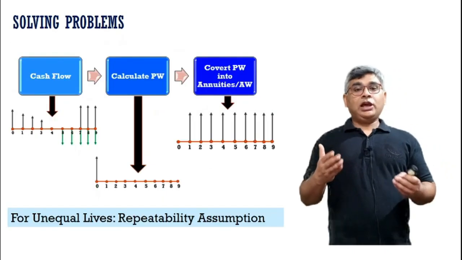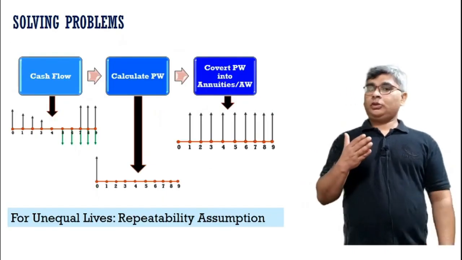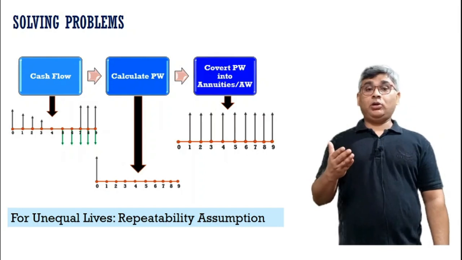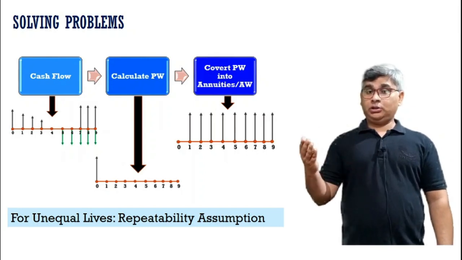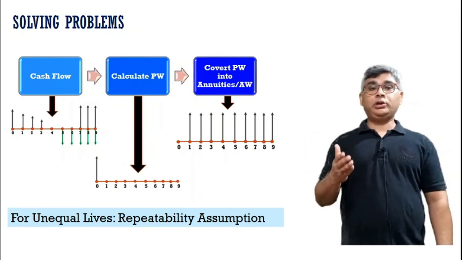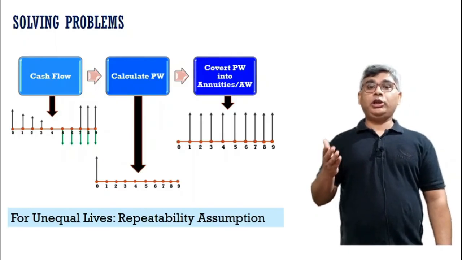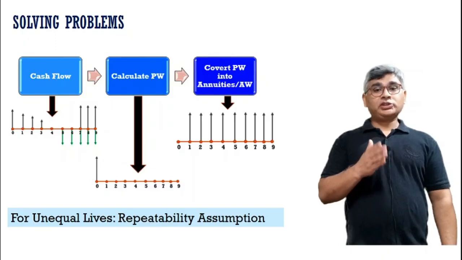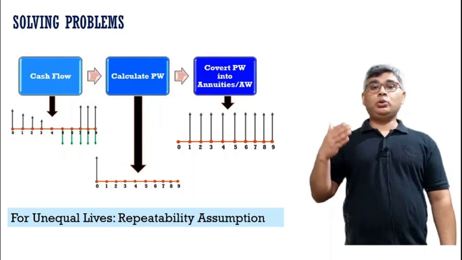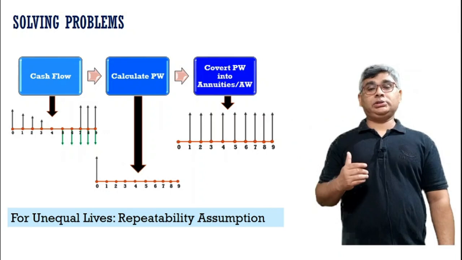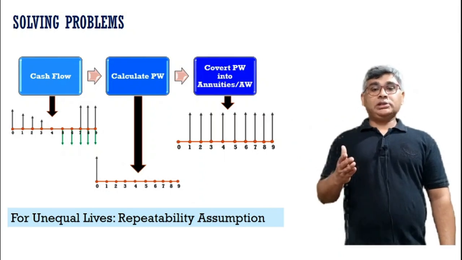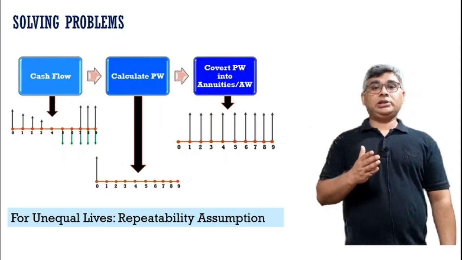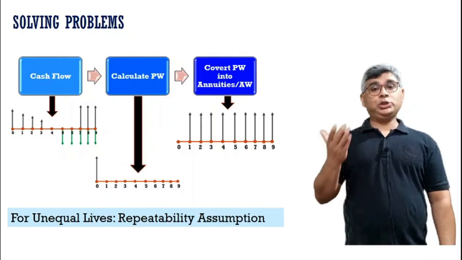Now whenever we are solving problems with the help of the annual worth method or even the future worth method, it's always better to convert any cash flow into the present worth, and then convert this present worth into annuities. The simple logic behind this is that it is easier to understand and easier to visualize.